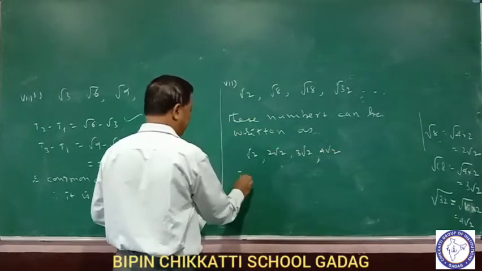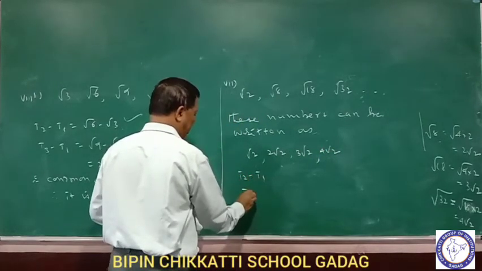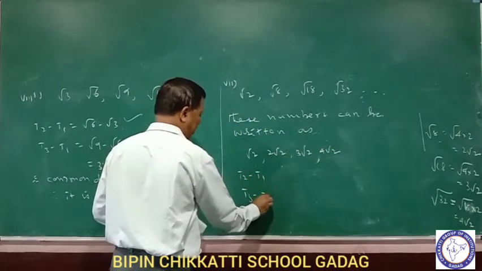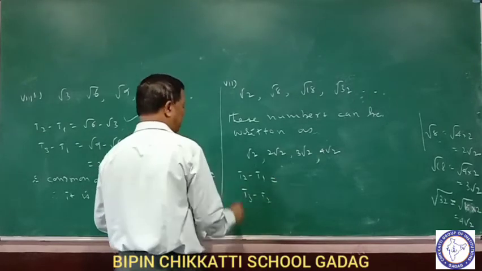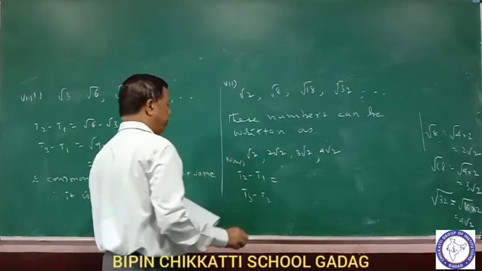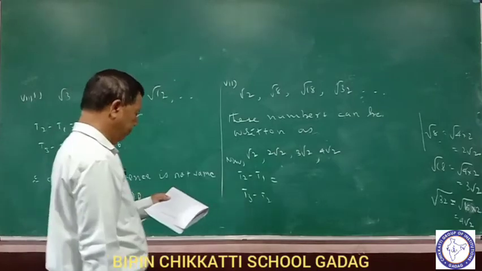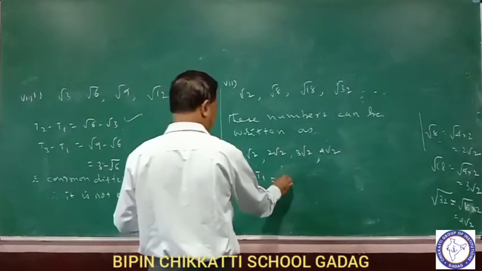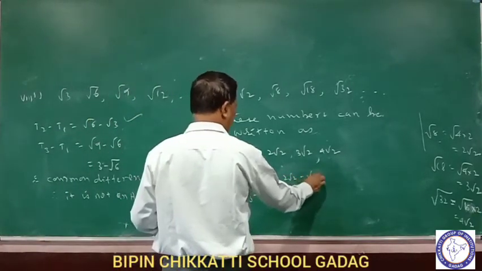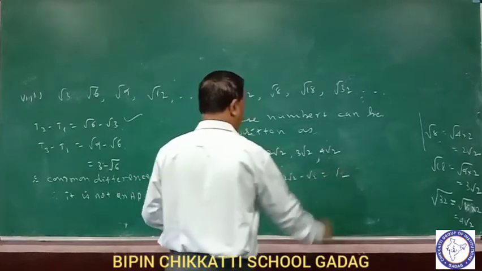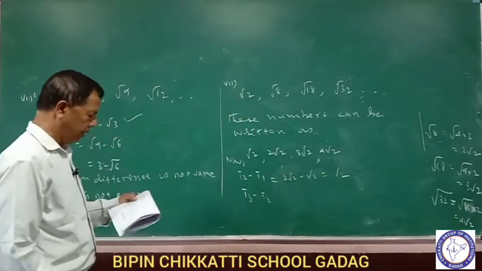Now you go for T2 minus T1, T3 minus T2. You tell me what is T2 minus T1? T2 is 2 root 2 minus root 2. How much will you get? Only root 2. The answer is that the common difference is root 2. You have got it.